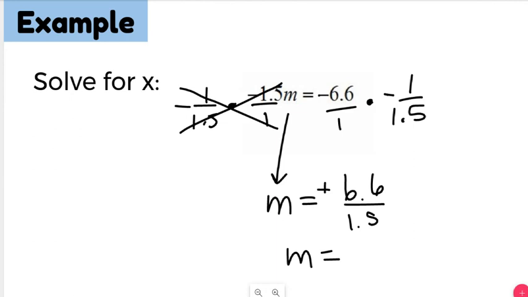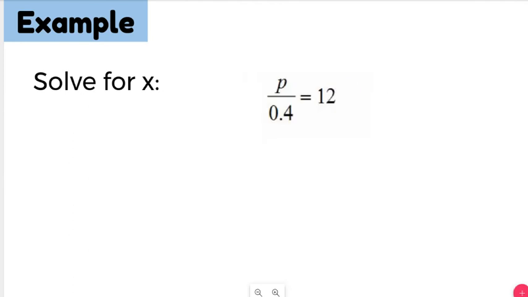Use your calculator, and m equals 4.4. So again, if you look at each of these examples, it's the same process. Even though things look a little different, we can find a way to keep the process the same, which is awesome. Last one.